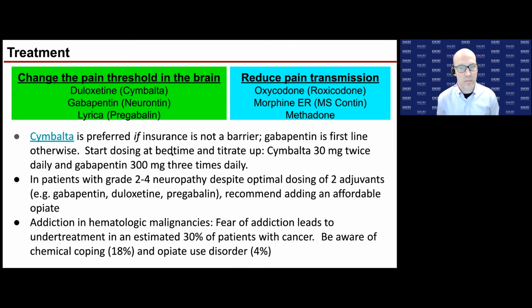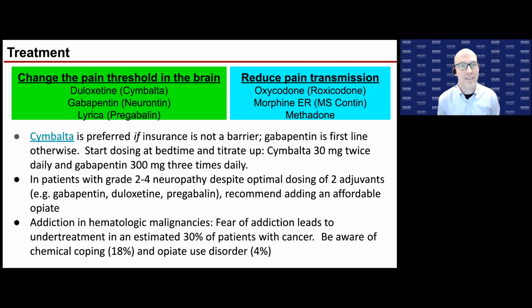Usually start dosing the Cymbalta at bedtime and then do it twice a day. And you'll try to do Cymbalta up to 30 milligrams twice a day, and Neurontin or gabapentin 300 milligrams 3 times a day. Once you get up to that dose, if you don't see any benefit, that drug's not going to work, and you can try one of these other 3 drugs to help.